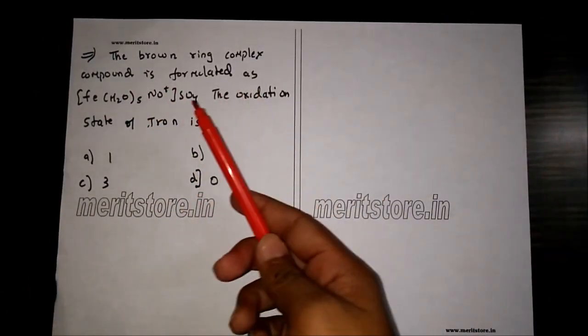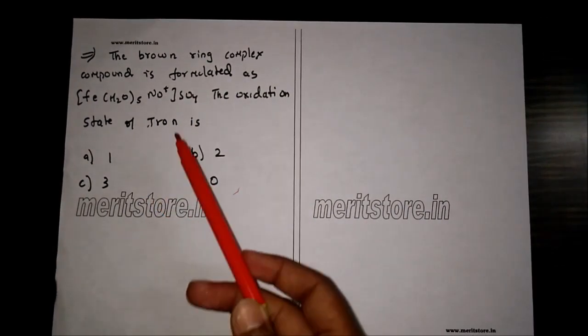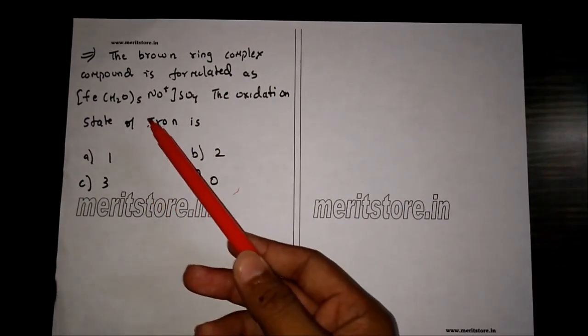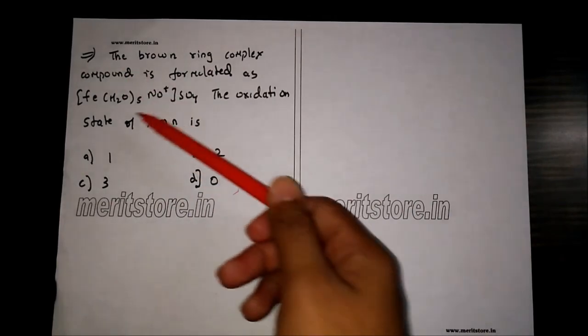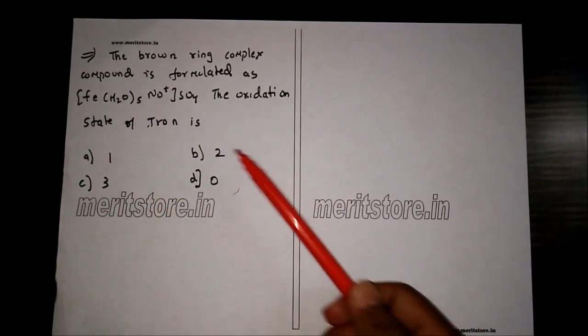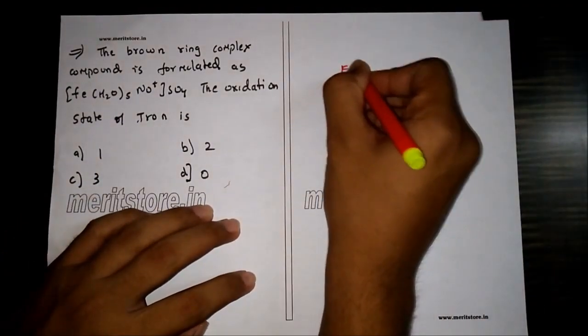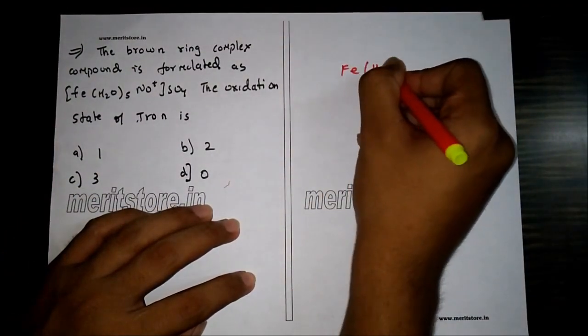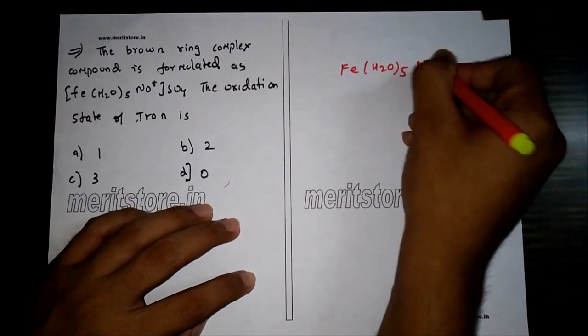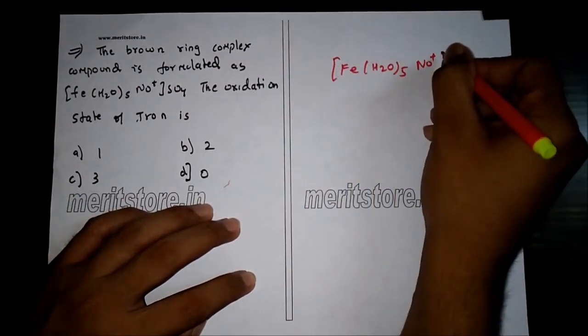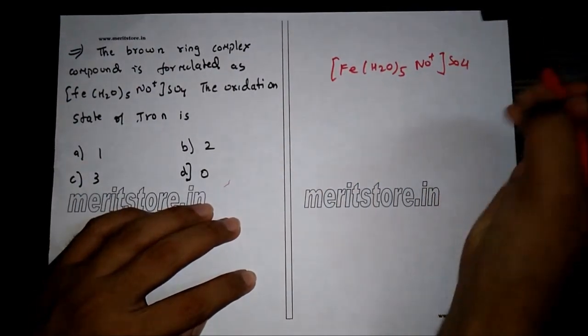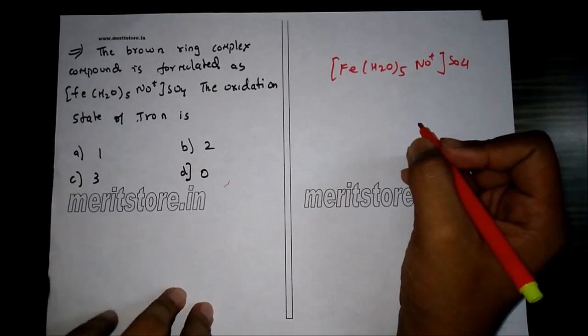The brown ring complex compound is formulated as [Fe(H2O)5NO]SO4. The oxidation state of iron here is either A 1, B 2, C 3, or D 0. Now, here we need to find the oxidation state of iron, Fe.